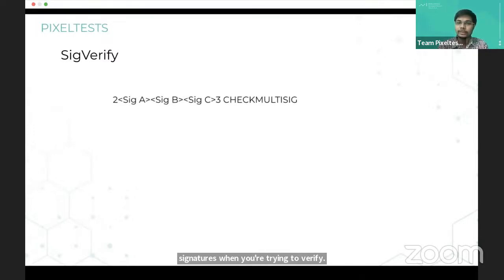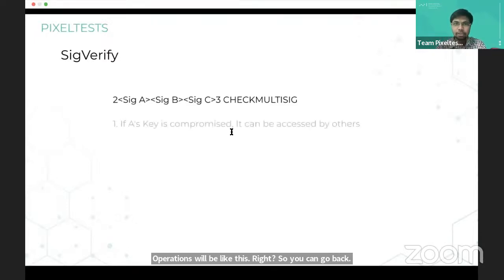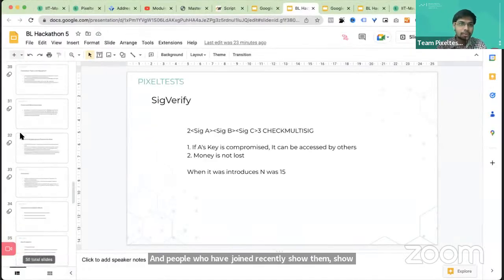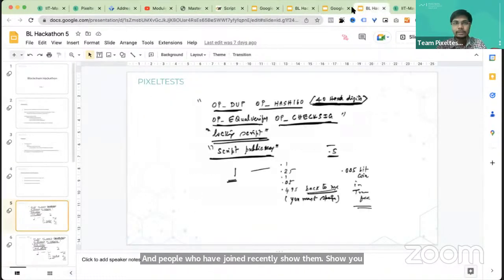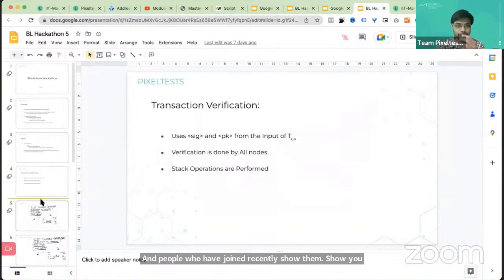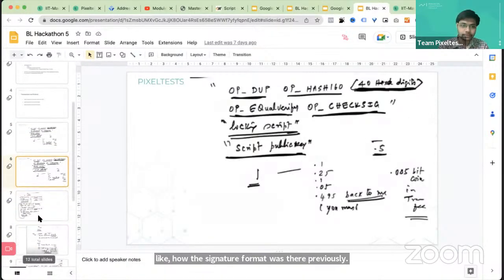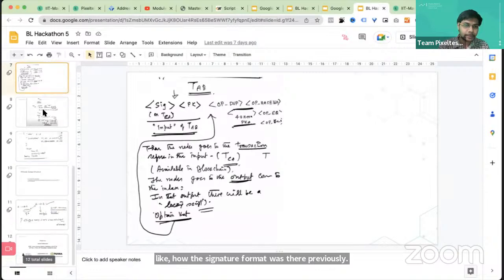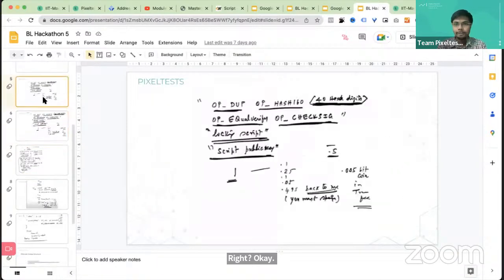So now the look of the stack operations will be like this, right? So let me go back and show you, for people who have joined recently, how the signature format was there previously, right? So these are screenshots of what the professor explains in the sessions.